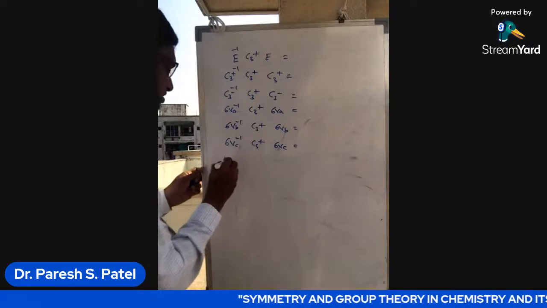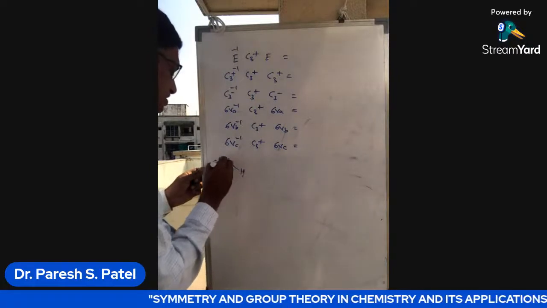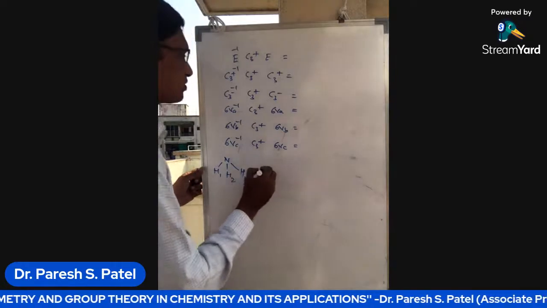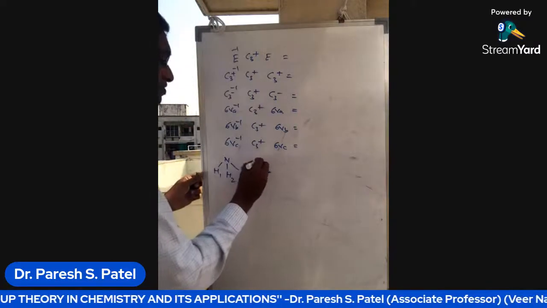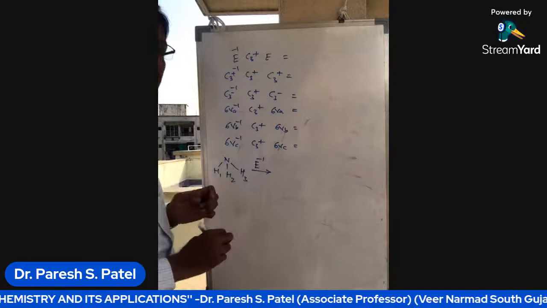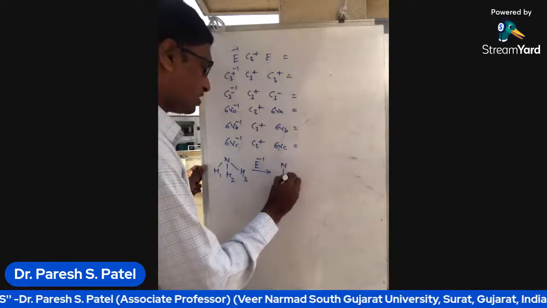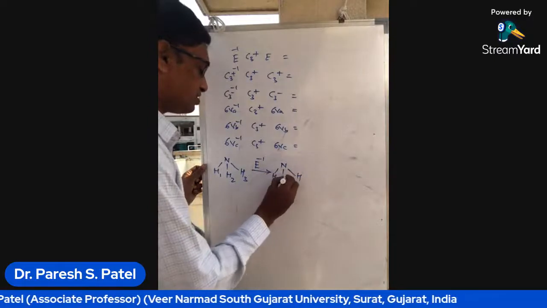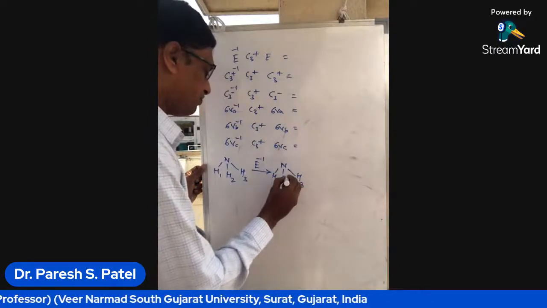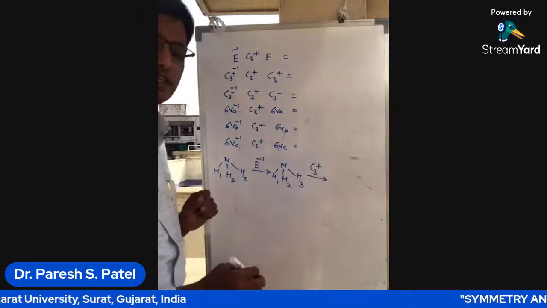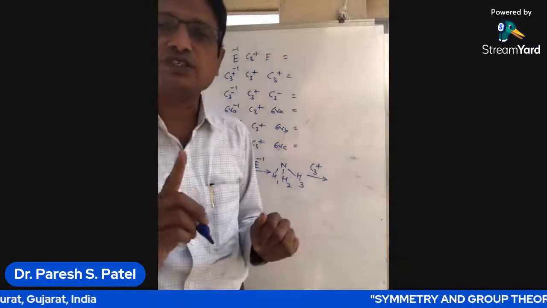So if we operate different symmetry operations, suppose this one is 1, 2, and 3. First one is E inverse. If you operate the identity symmetry operation on an ammonia molecule, there is no change in the position of the hydrogens. So 3, 2, and 1. Again C3 plus, it means one time clockwise rotation.